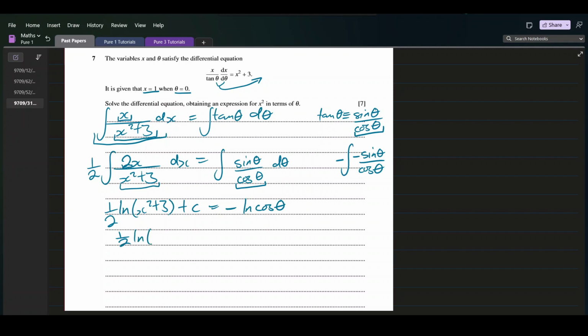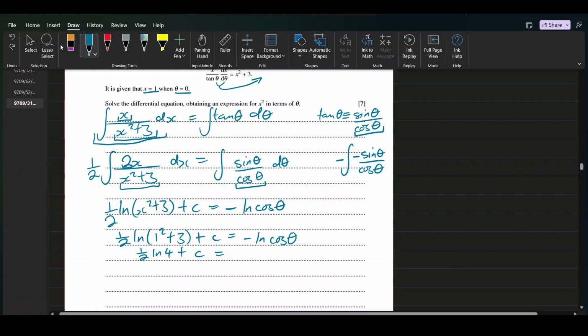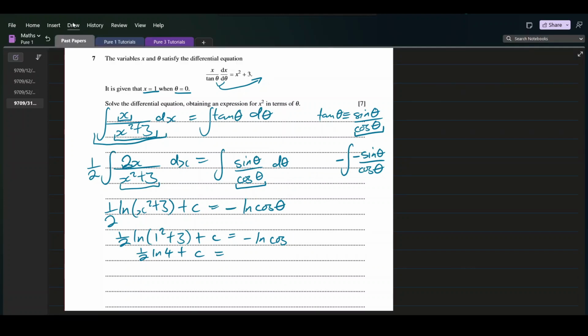So this becomes half ln of 1 squared plus 3 plus c is equal to negative ln cos 0, so this becomes half ln of 4 plus c is equal to, this should be a 0 over here, so that should be cos 0, and we know that cos 0 is 1, so that will become negative ln 1, and half ln 4 can be written as ln 4 to the half, which is the same as ln root 4, plus c.